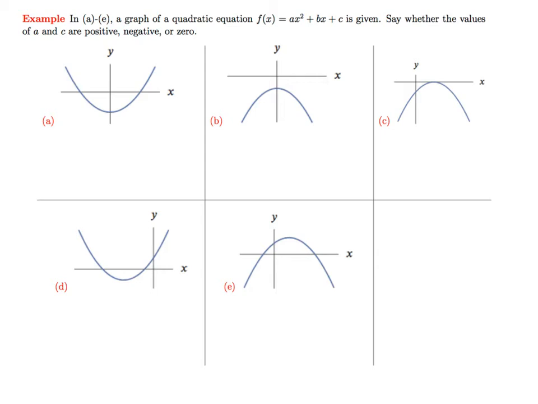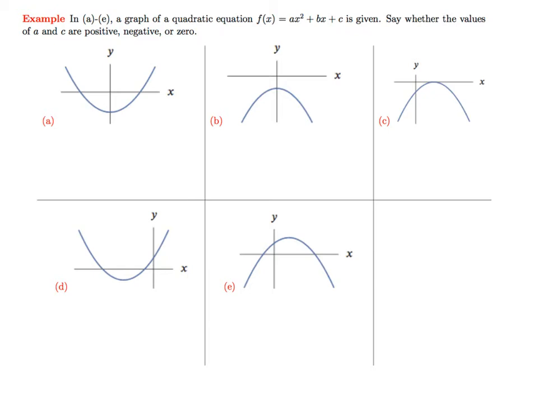Now in this example we have 5 possible quadratic functions graphed in A through E, and based on the graph we can identify whether the leading coefficient a is going to be positive or negative, and whether the constant term c is going to be positive or negative.